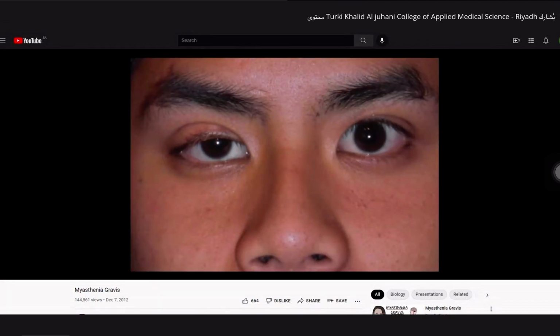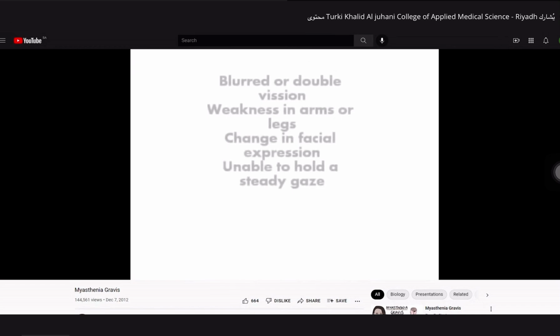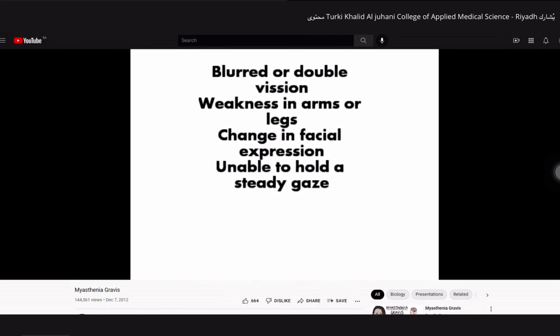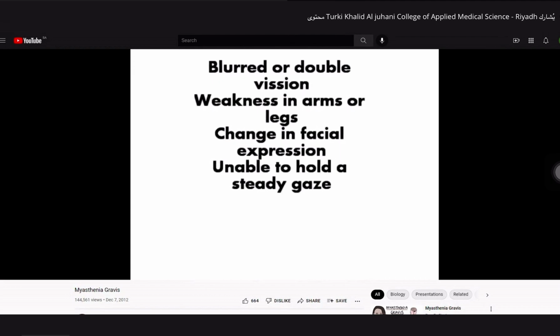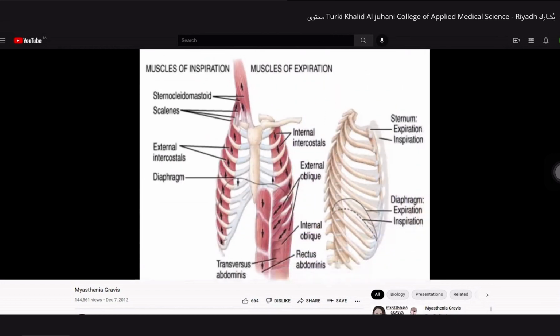So a drooping eye, slurred speech, or difficulty breathing can be symptoms. Other symptoms include blurred or double vision, weakness in arms and legs, changes in facial expression, unable to hold a steady gaze. Like I said, difficulty breathing. Myasthenia gravis poses a greater risk if it affects the breathing muscles, such as the diaphragm and the external and internal intercostal muscles.